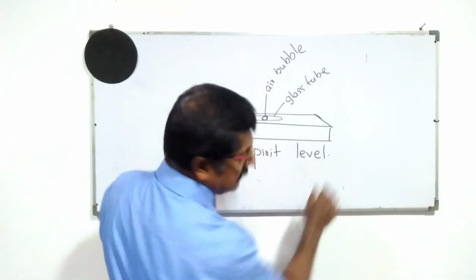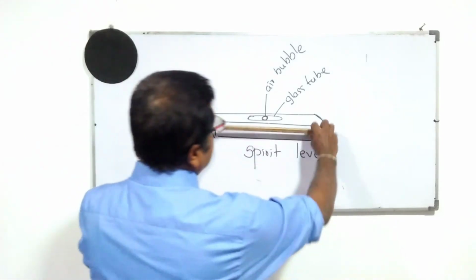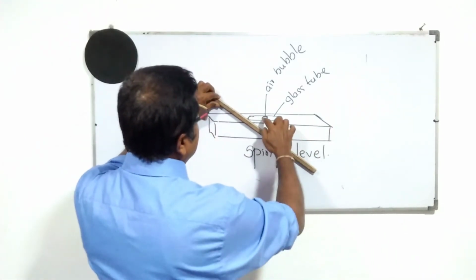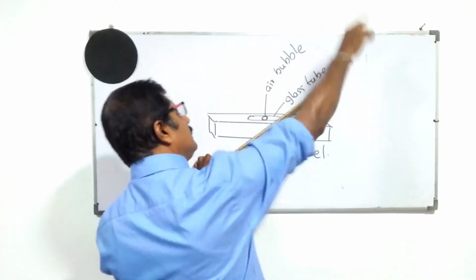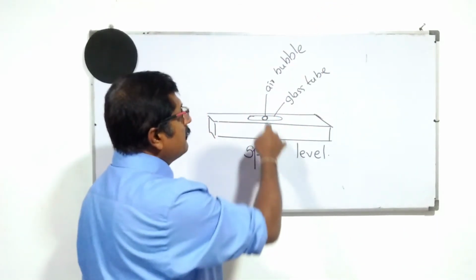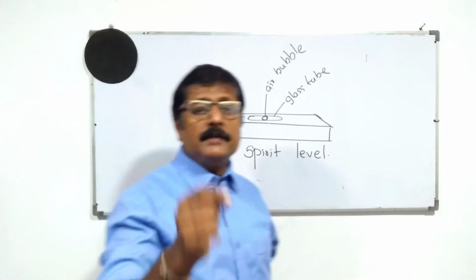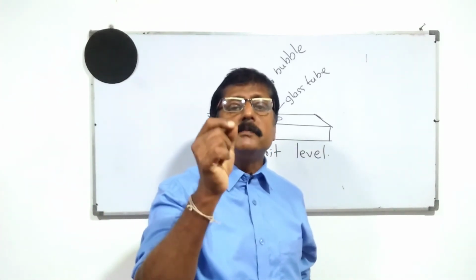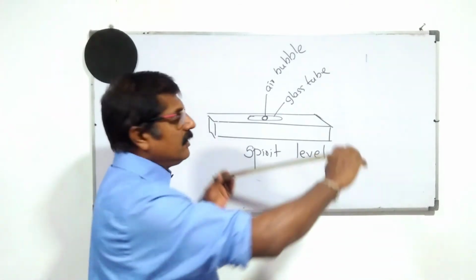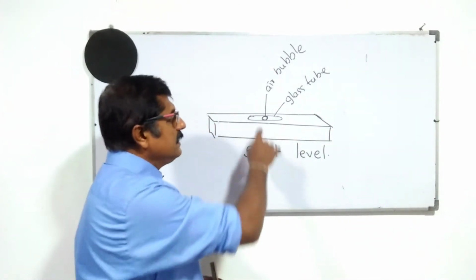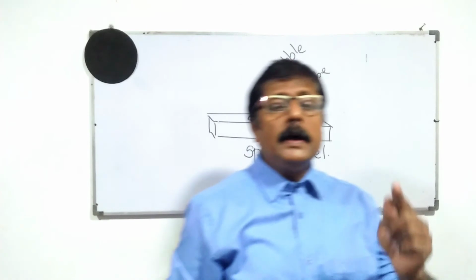When this side goes down like this, if it turns like this, then the air bubble goes upside this side. If it turns like this, the air bubble goes to the other side. But if the air bubble remains in the exact middle, that means this is quite horizontal. It is not slant like this. It's horizontal if the air bubble lies at the middle.